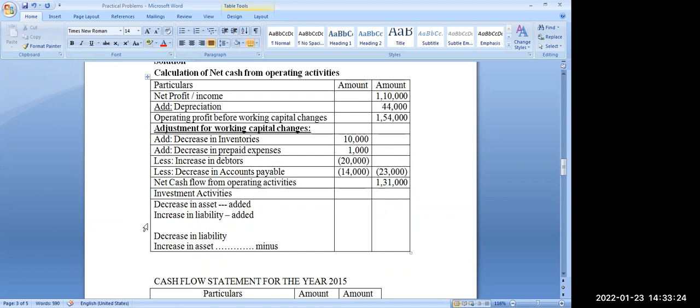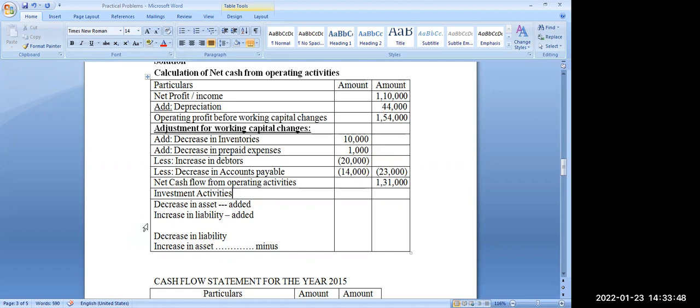So what is the interpretation? What is the effect? Why will the non-current asset of machinery increase? A simple question. Last year I had a balance in the name of machinery, 1 lakh. Current year I had a balance of 1,50,000. What should be the reason? Because the company has purchased a new machinery.